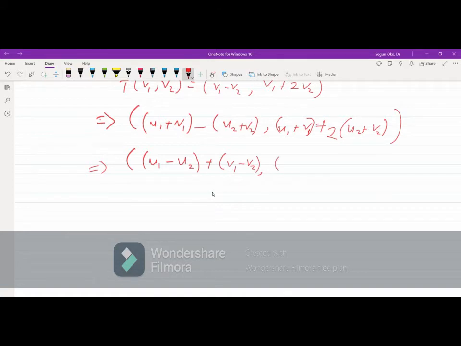Remember, you are working in R2. If it is in 3-space, you have 1, 2, 3. If it is in 4-space, you have 1, 2, 3, 4. So this is 2, and that's why you see U1, U2. Then we'll move on by saying the next thing we have here is U1.